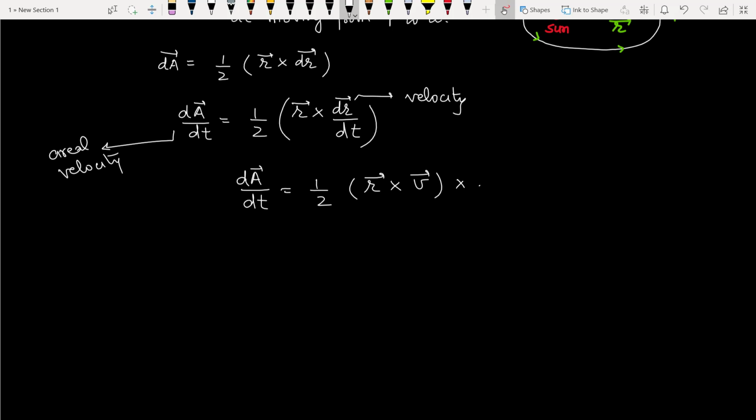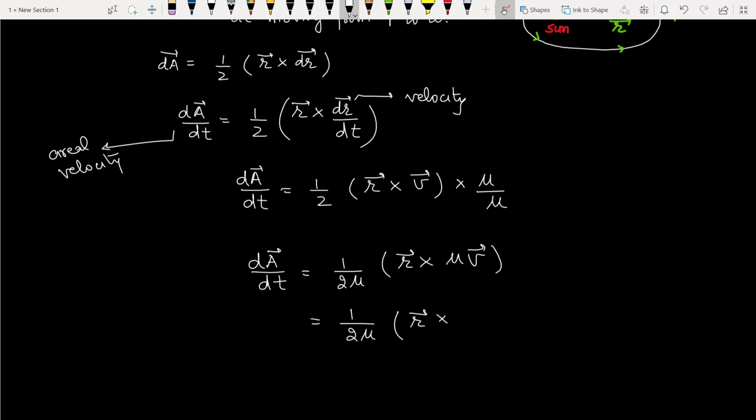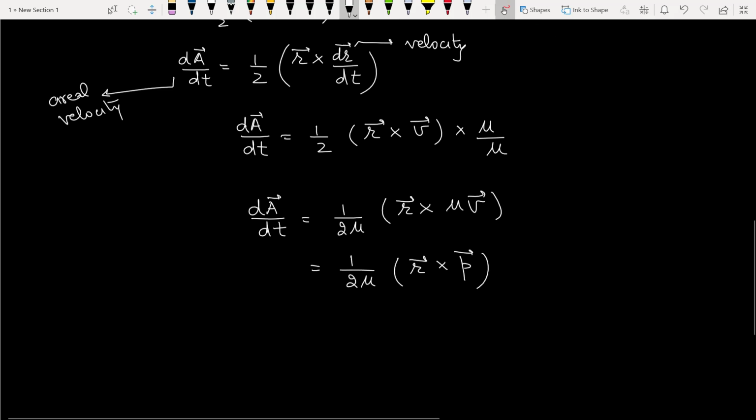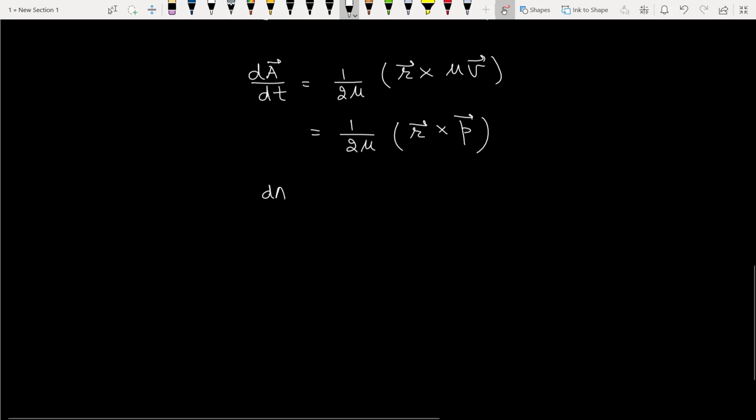So here multiply and divide by mu. So we get 1 by 2 mu r cross mu v. Here mu is the reduced mass of the planet and Sun system. Mass into velocity is linear momentum, so r cross p is angular momentum. This is constant.